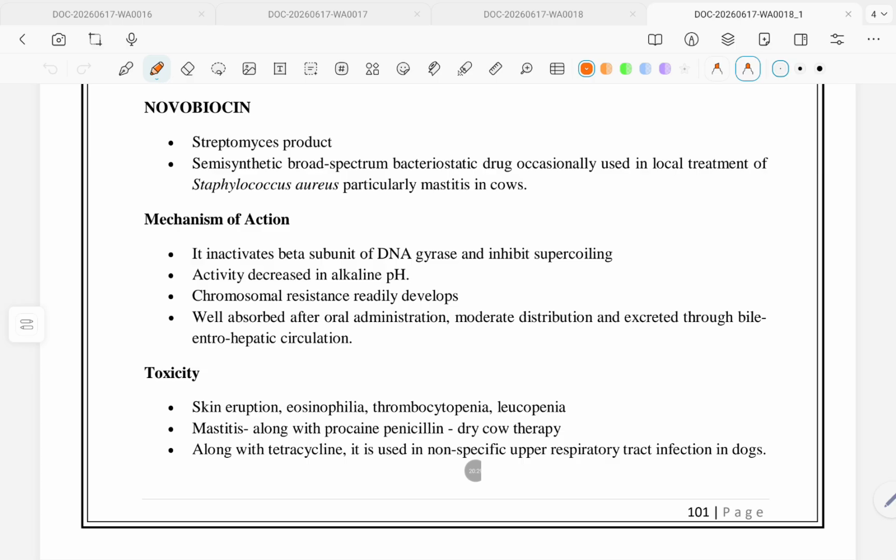Chromosomal resistance readily develops, well absorbed after oral administration, moderate distribution, and excreted through bile and enterohepatic circulation. Toxicity: skin eruption, eosinophilia, thrombocytopenia, leukopenia. Mastitis: along with procaine penicillin, dry cow therapy, along with tetracycline. It is used in non-specific upper respiratory tract infection in dogs.